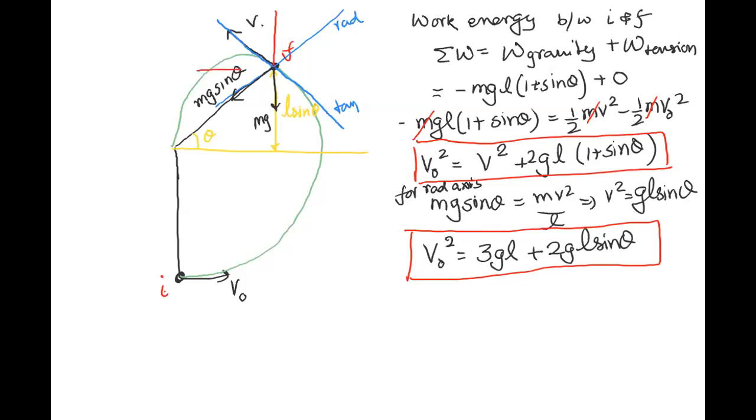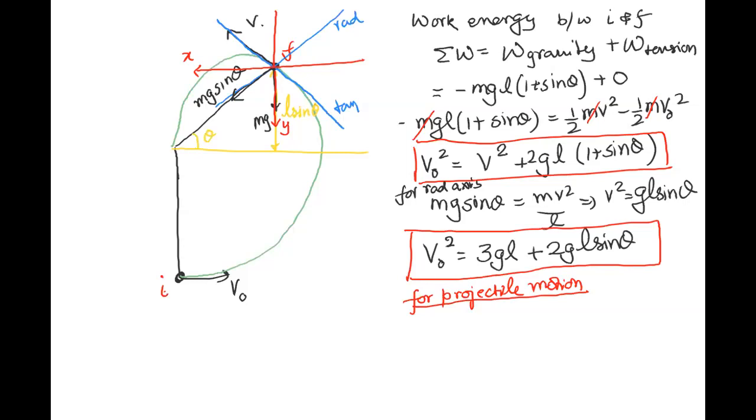Now I'm going to choose the horizontal vertical axis for the projectile motion. I will choose this as the x-axis and this as the y-axis, so that I don't have to deal with negatives.